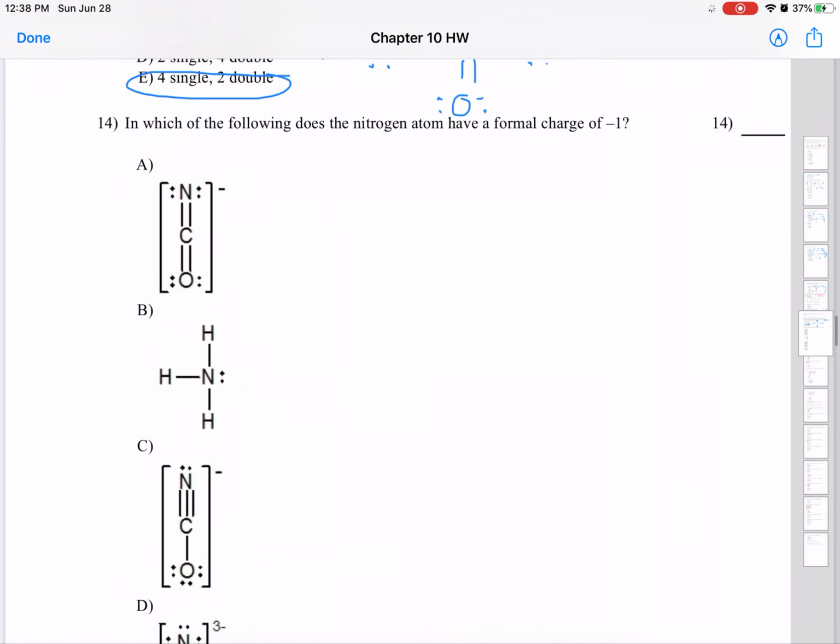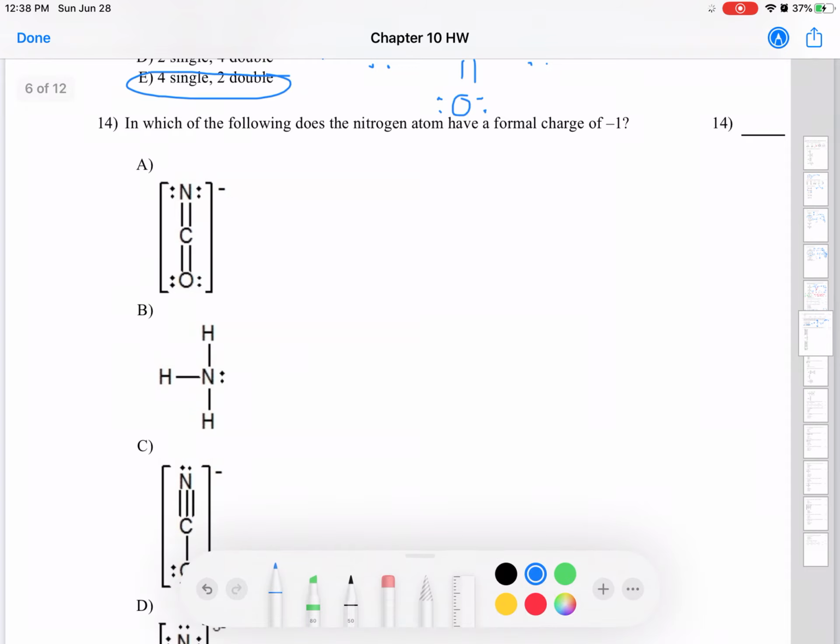Number 14. In which of the following does a nitrogen atom have a formal charge of -1? Remember how we calculate the formal charge? Formal charge is calculated by taking the group number and subtracting the number of bonds and number of electrons on that atom in the Lewis structure.